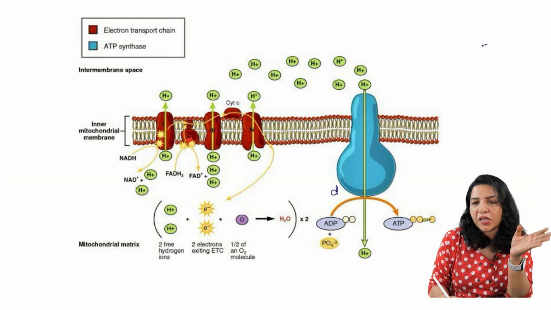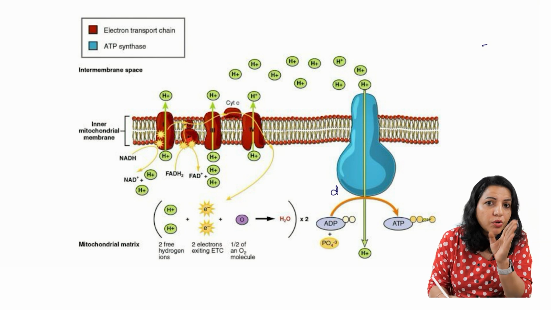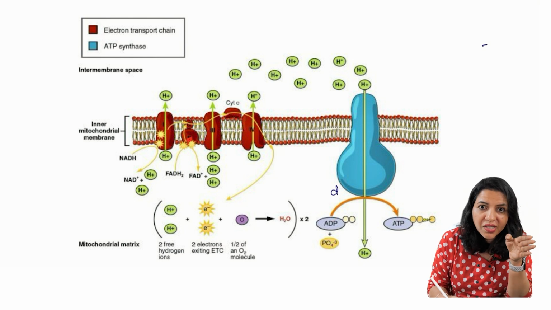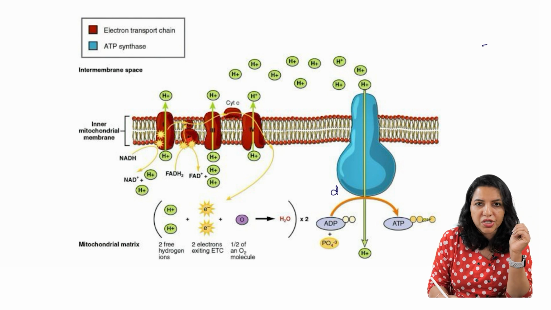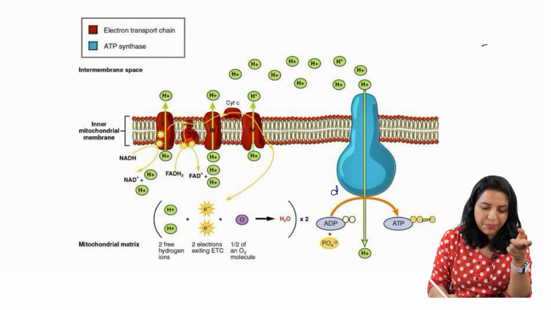That is the first thing: ATP production stops. Then what about the oxidation or the respiration? In Lehninger, it is given that if the blocking is in oxidative phosphorylation, then two things will happen.